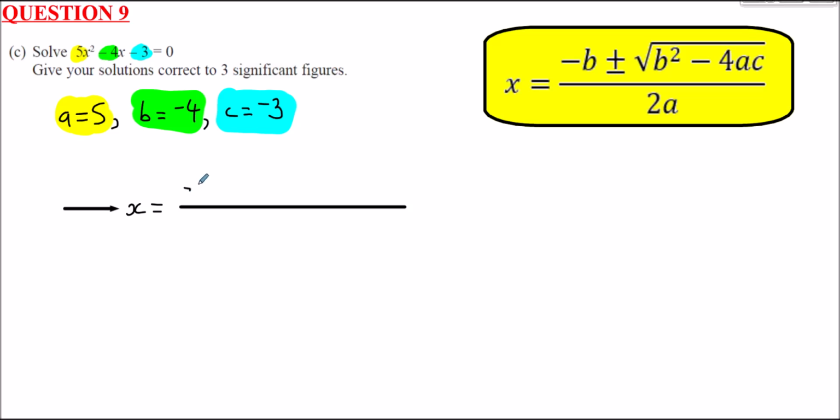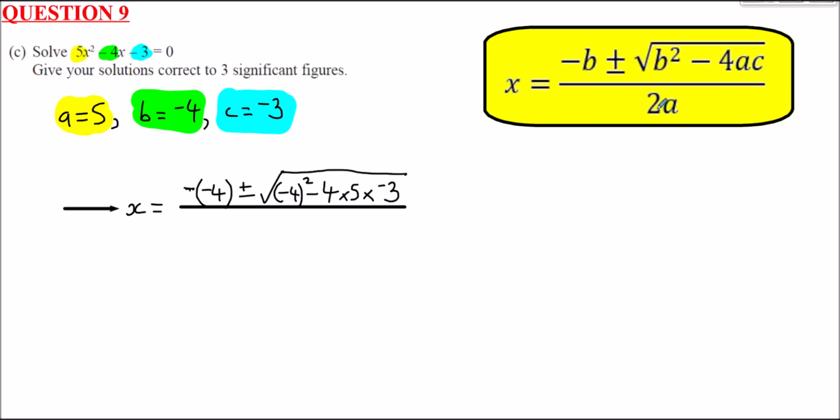But obviously you should interpret a negative as a positive. So -4 plus or minus the square root of b squared. So that's -4 all squared. Subtract 4 multiplied by a, which is 5, multiplied by -3, which is our c.